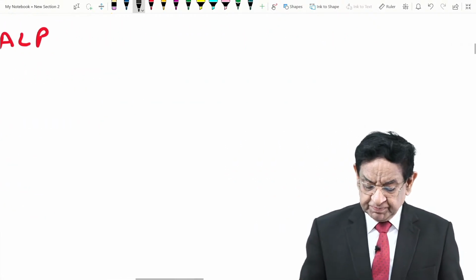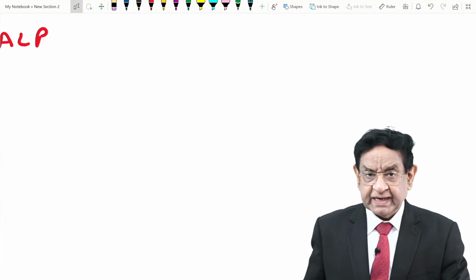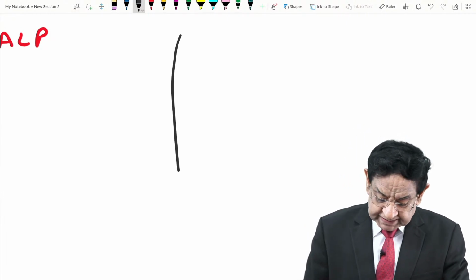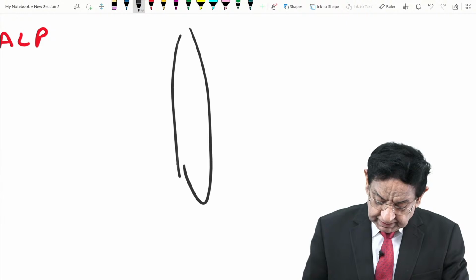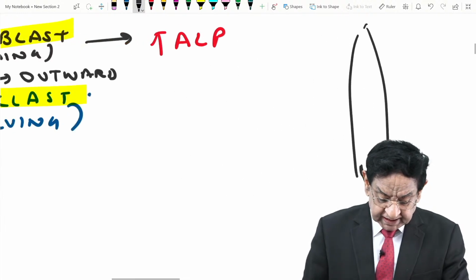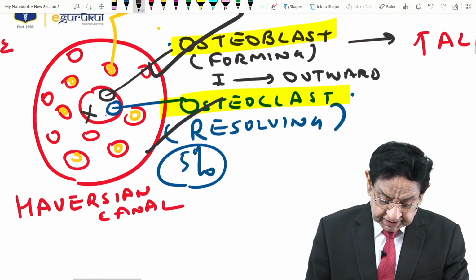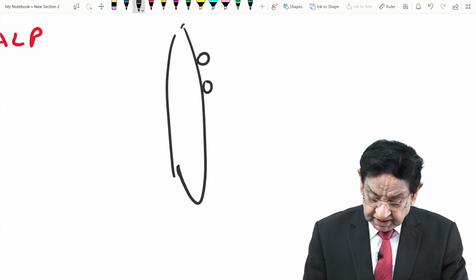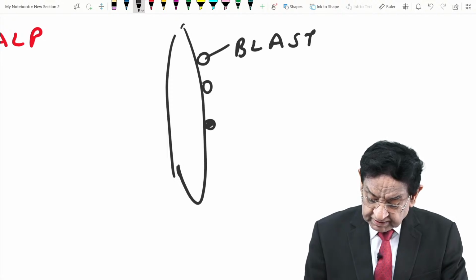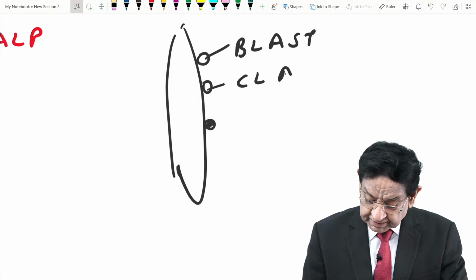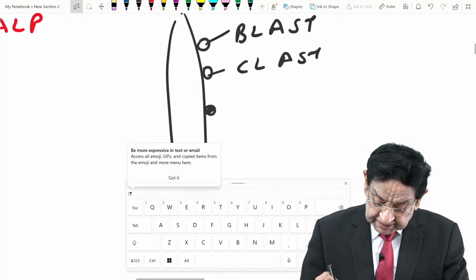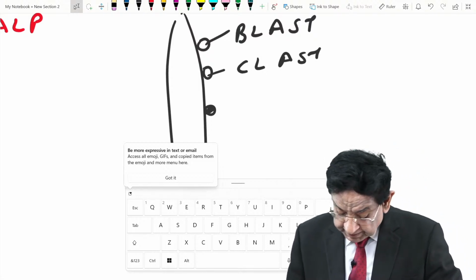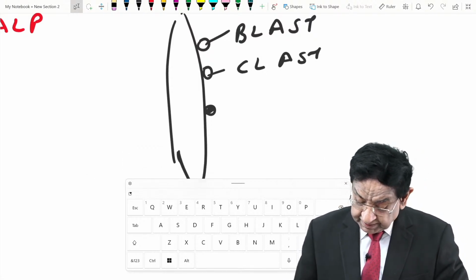Now let me tell you what happens in cancellous bone. Cancellous bone is like this. They don't have a central canal. Central canal is not there. And the cells, blast and class, are on the surface, and these are arranged in parallel.